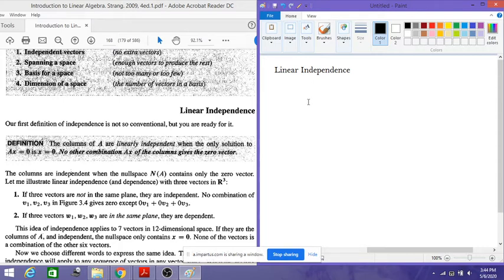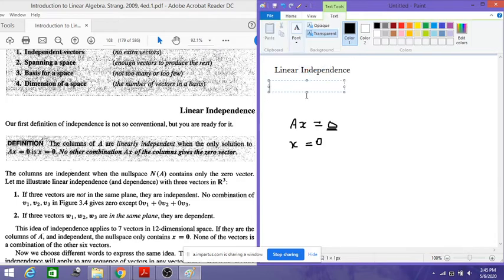If you look into the previous example, we found in the null space that Ax = 0 gives the special solutions if you have free columns. If there are no free columns, then the value of x has to be 0 to match the right hand side, which is the zero vector. That is what this linear independence definition says.